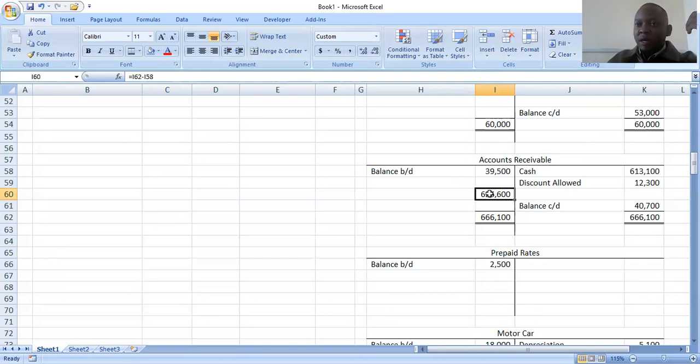An accounts receivable, an asset, whenever it increases, is always debited. So this debit in the accounts receivable signifies an increase.